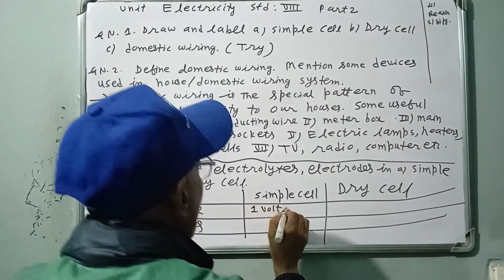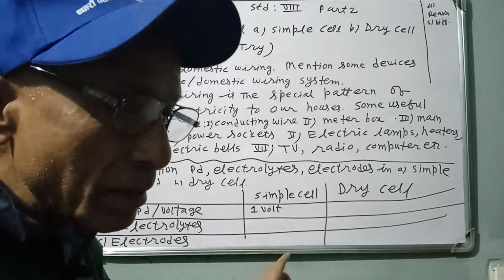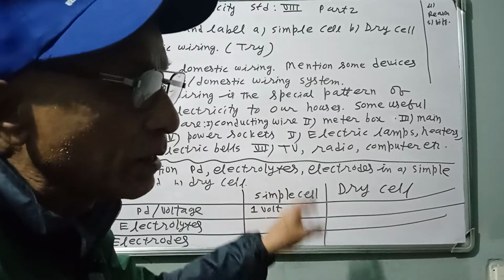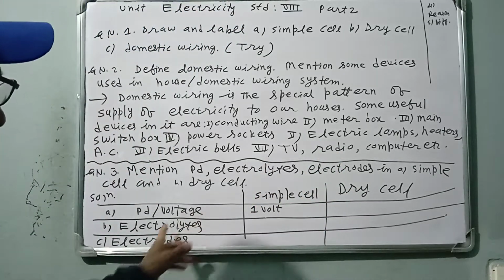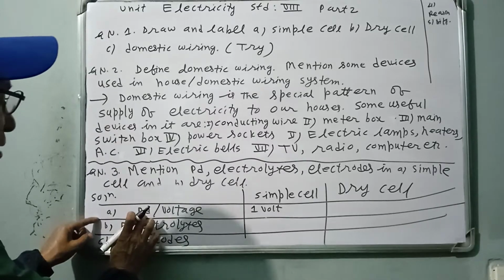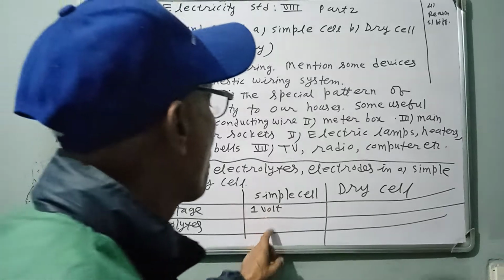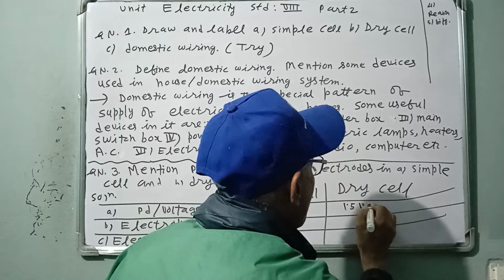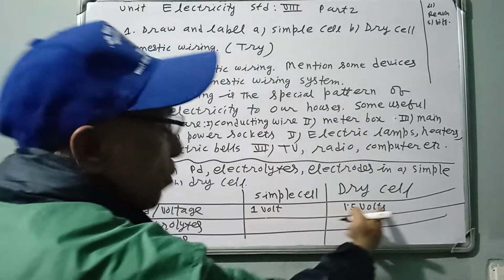It may drop from 1 volt to 0.9, 0.8, 0.7, 0.6, 0.5, 0.4, 0.3, 0.2, 0.1 and drop to 0 due to some defects. Potential difference or voltage in a simple cell or voltaic cell is 1 volt, but in a dry cell 1.5 volts. V for volt. 1 volt singular, 1.5 volts.